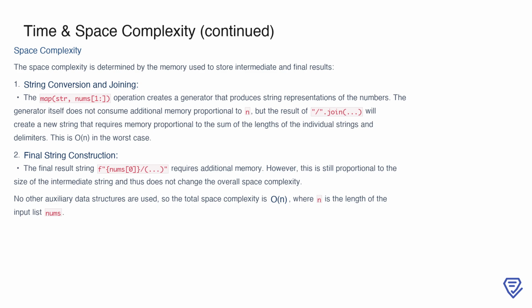In the worst case, this memory usage is O(n). Additionally, the final result string, formatted as an f-string with nums[0], also takes up memory proportional to its size, but this does not add to the overall space complexity since it is still bounded by O(n). Importantly, no additional data structures are used in the process, so the total space complexity of the solution is O(n), where n is the length of the input list.